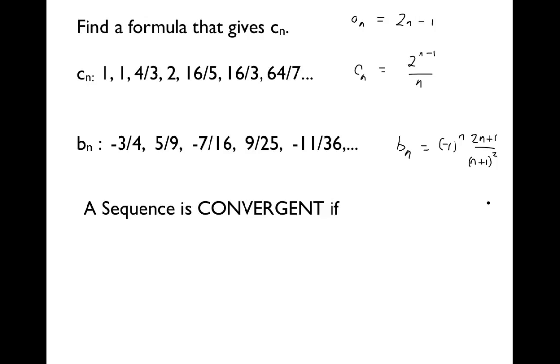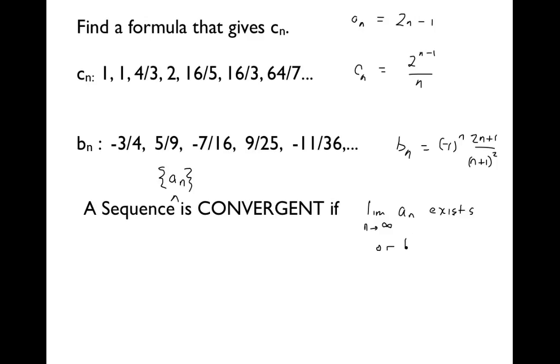What is that mathematical principle that I'm talking about? Getting closer and closer, right? That's a limit. So a sequence, say a sub n, is convergent if the limit as n gets really, really big of the terms exists.